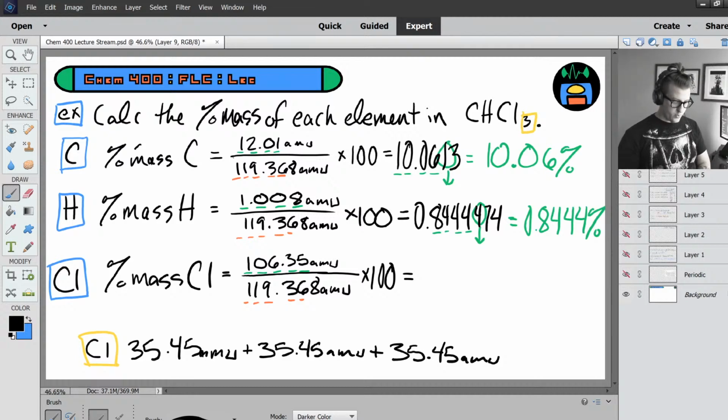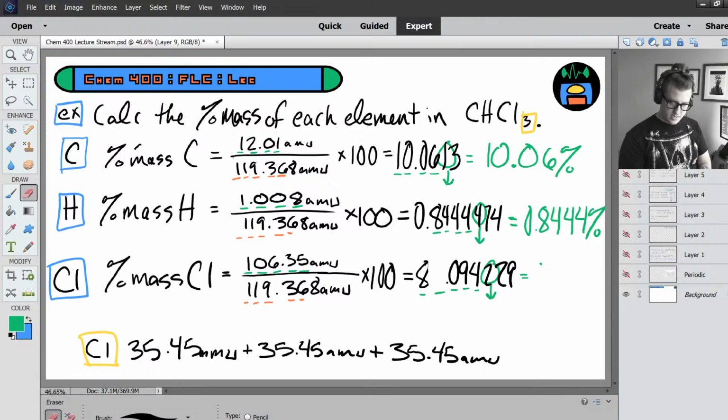106.35 divided by 119.368 times 100 is 86.094229. It keeps going. We do not have to. We get to keep 5 sig figs. 1, 2, 3, 4, 5. 2 will round down. So this will be, oh, sorry, that's not 86.